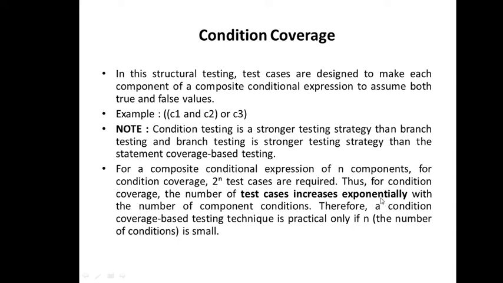It increases exponentially. So we say that though this is a good method, practically it has limited use, right? If the value of n is small, then only this method is applied, else we don't apply it. So practically it's not feasible. So this is what condition coverage is.